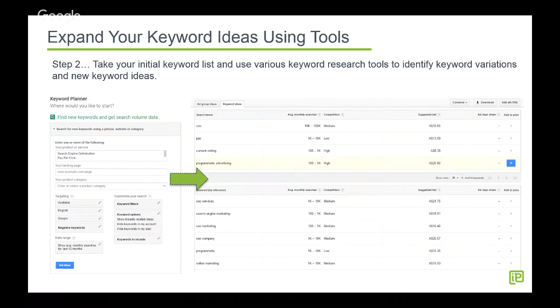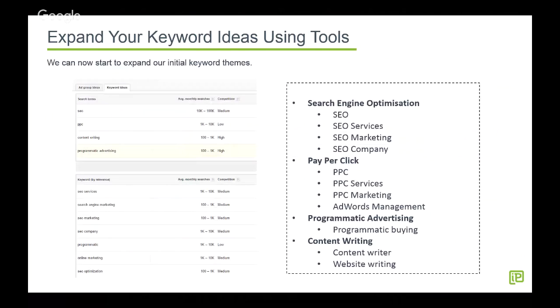So what we want to do with this output is start to identify variations of those seed or head terms that we can be targeting. Immediately I can see that there's quite a few different ones that I could be using. I initially started with the really broad stuff like search engine optimization and pay-per-click. But what the tool has spat out is essentially what else users are searching for and what actually has volume there.